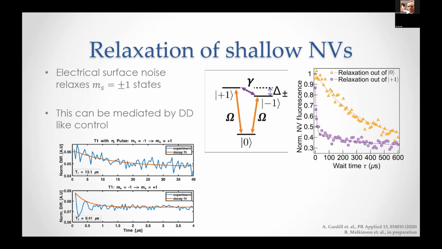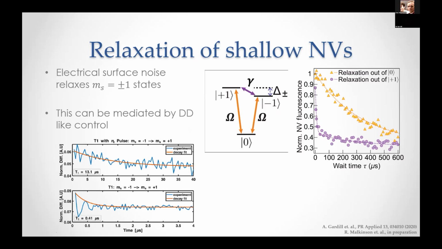So I just wanted to mention here, I'll do this quickly, that I told you we cannot stop relaxation because the phonons are too fast. Here for the ±1 states, the fast relaxation is not from phonons. It's from noise on the surface, which might be slower. So we did echo on the relaxation process, and we can see that we can extend T1 compared to the standard, let's say 0.4 microseconds we got here, to 13 microseconds.